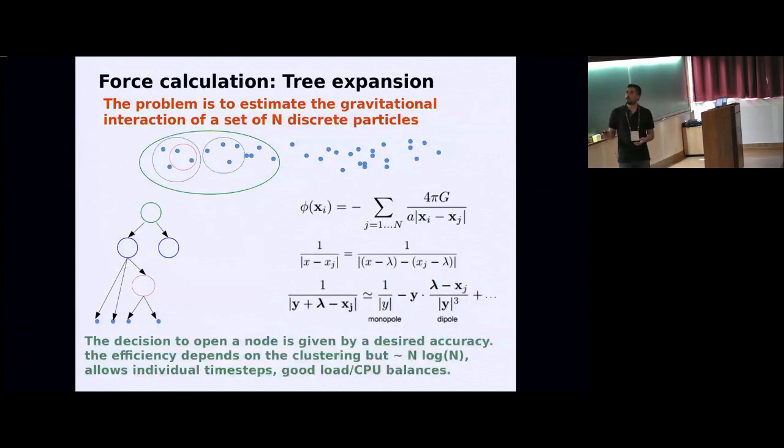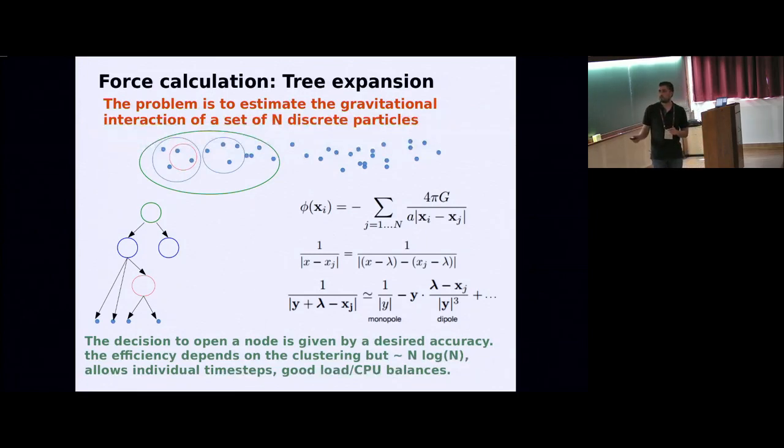Or another way is to change the method completely. Instead of doing the deposit, we can do what's called a multipole expansion of the forces. So the basic idea is that if you have a bunch of particles far from you, instead of summing over all of them, you can consider them as one single massive particle, and then you just sum the contribution of that big particle, right? So more formally, what we can do is an expansion of the force in terms of moments, and then we compute only the monopole or quadrupole and so on.